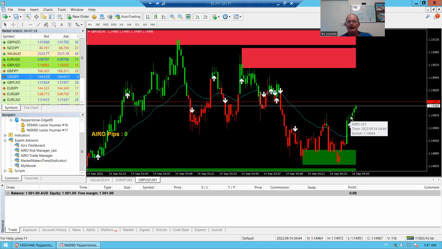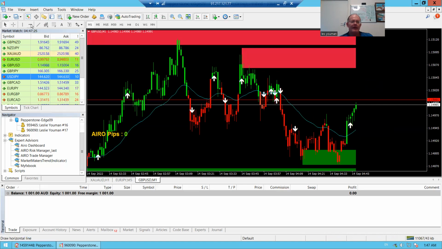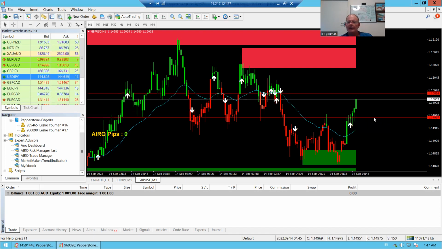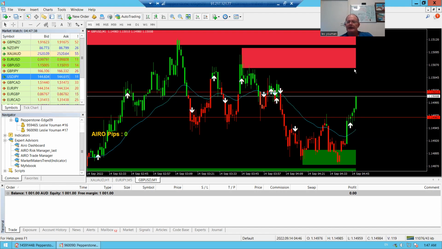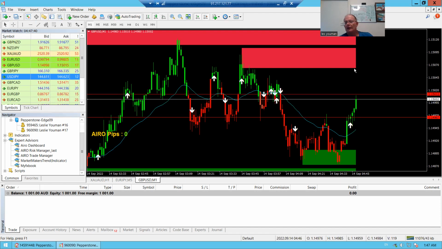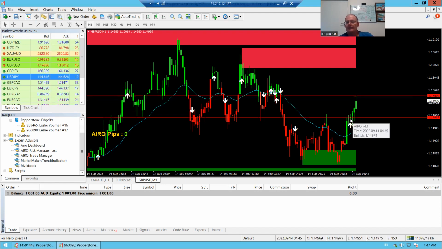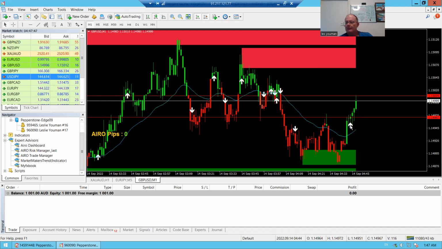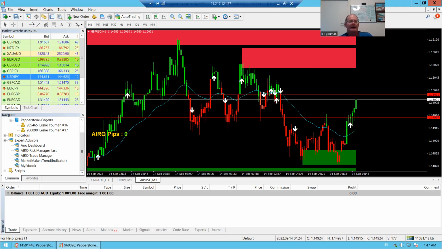If I'd have placed the trade straight away when this alert popped up, it would have been there where that line is. Sometimes you can, particularly if the distance up to here isn't a real lot. And even sometimes if you just want to wait for a little bit of a retracement, hopefully get a better position.